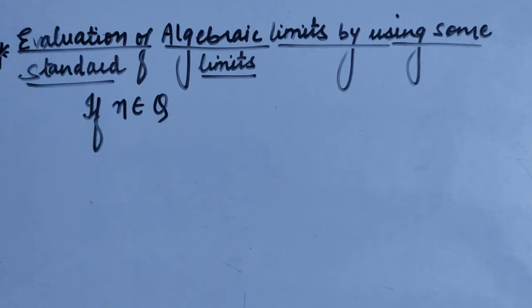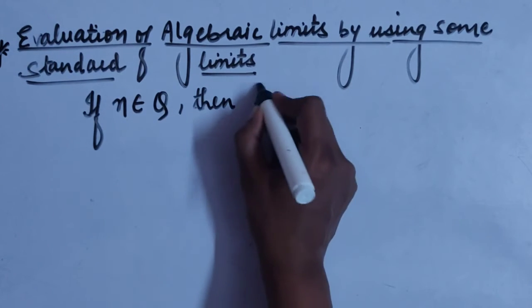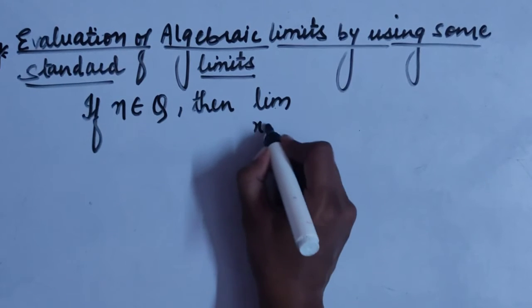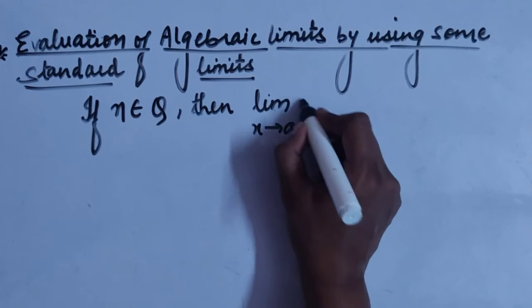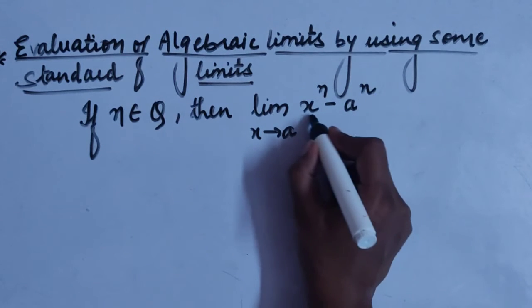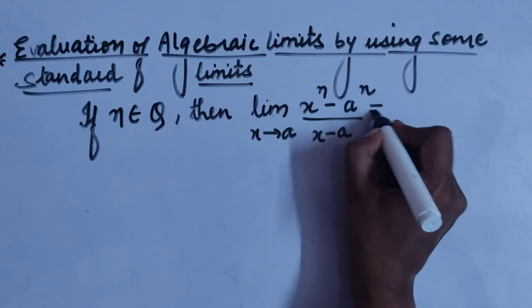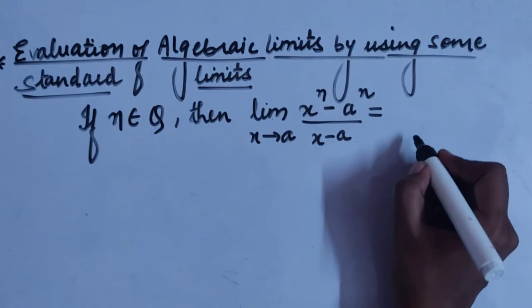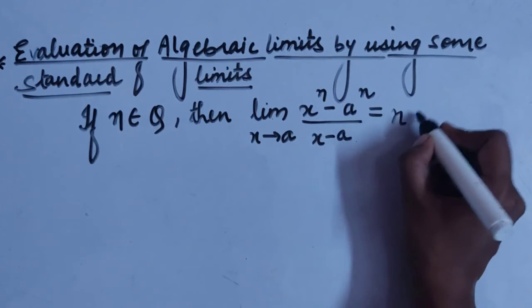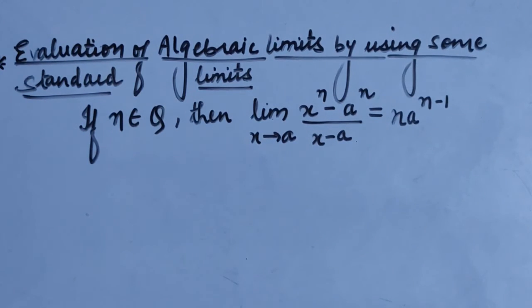So if n belongs to Q, then limit x tends to a, (x^n - a^n)/(x - a) will be equal to n times a^(n-1). Here we will use the standard limit for evaluation of algebraic limit.